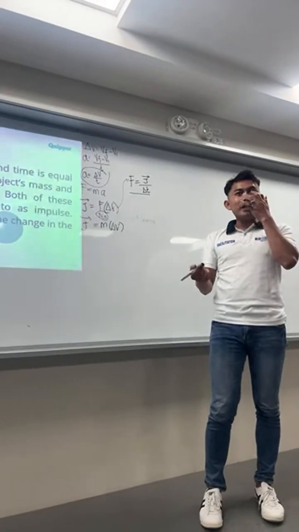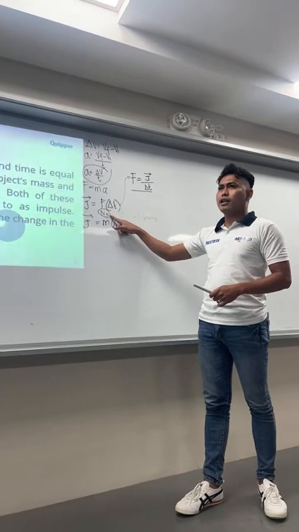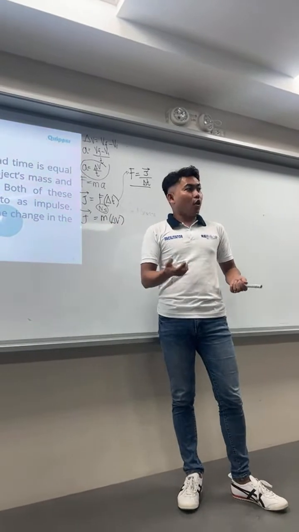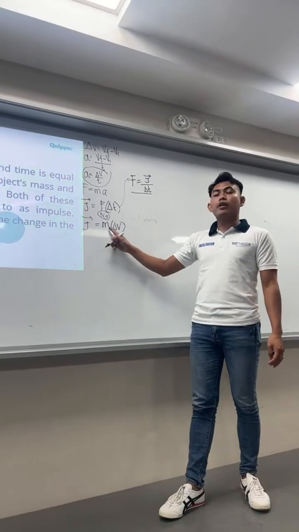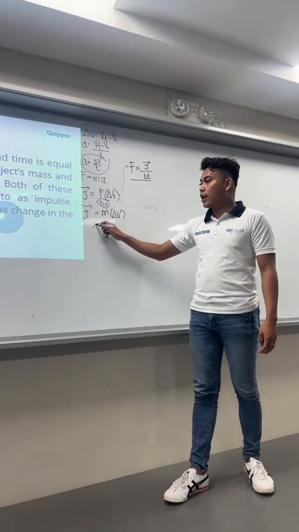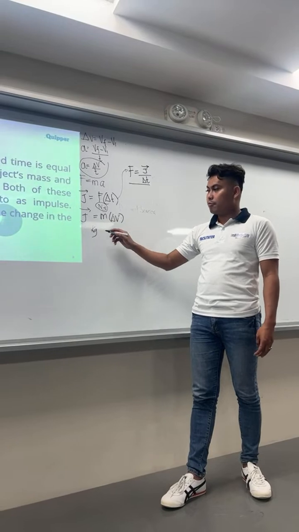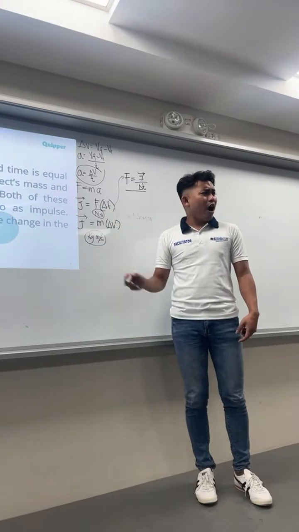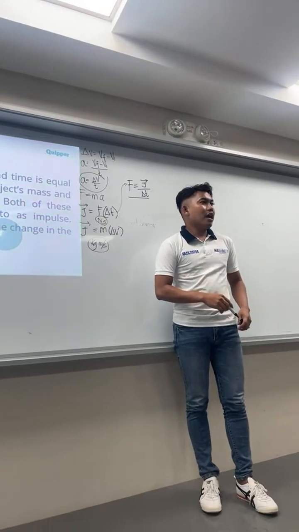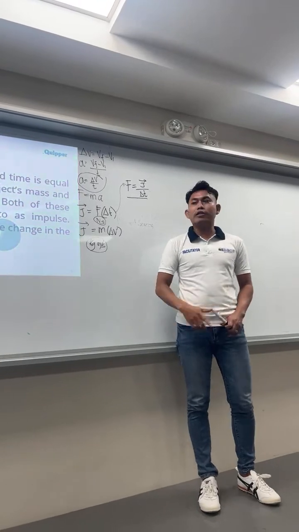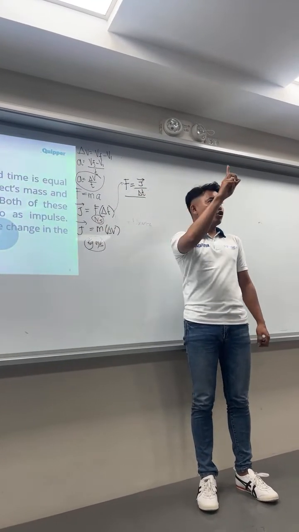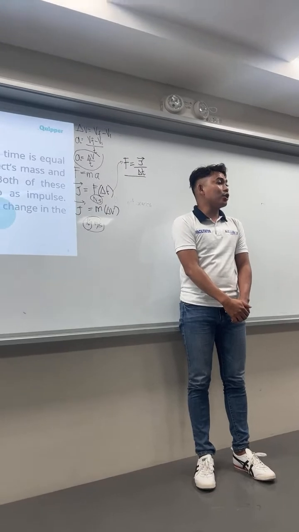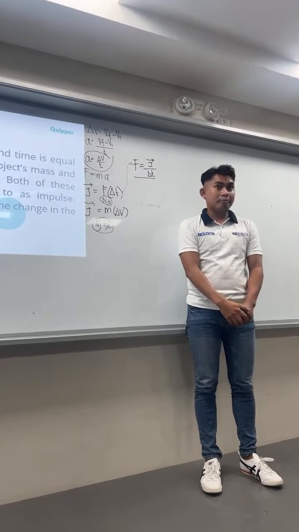The unit of impulse can also be expressed another way. What's the unit of mass? Kilograms. The velocity? Meters per second. So it's either this or this. Sir, which one do we follow? The SI unit of impulse is Newton second, so follow Newton second for impulse.